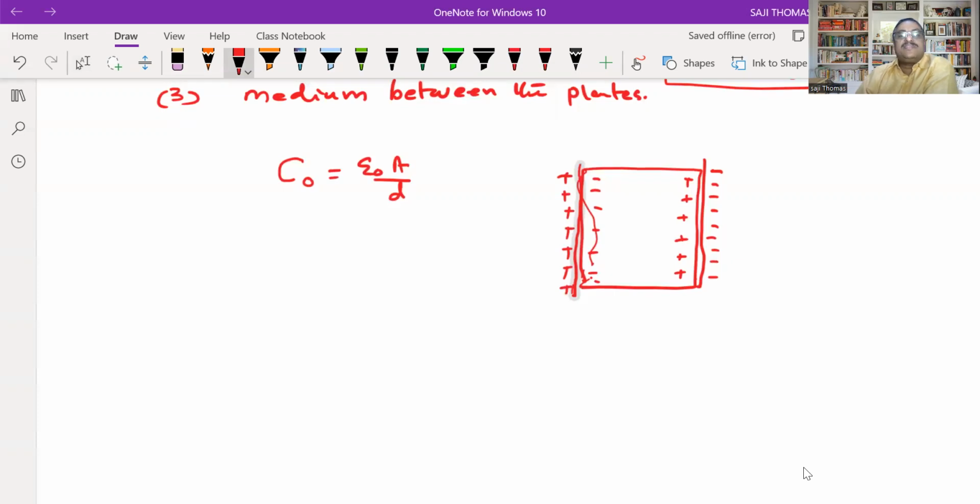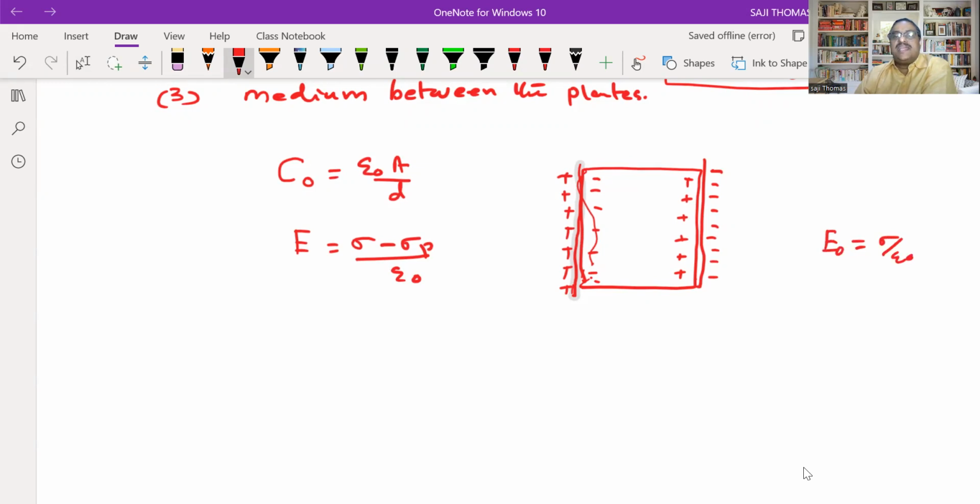So the electric field between the plates we can write as E equals sigma minus sigma P by epsilon 0. When there was no dielectric medium, E0 was sigma by epsilon 0.